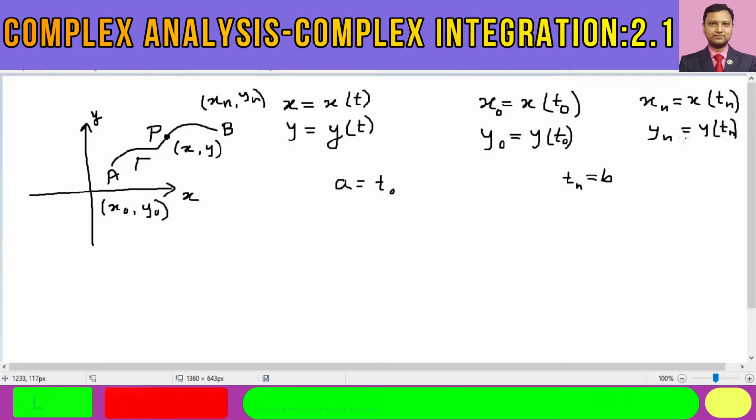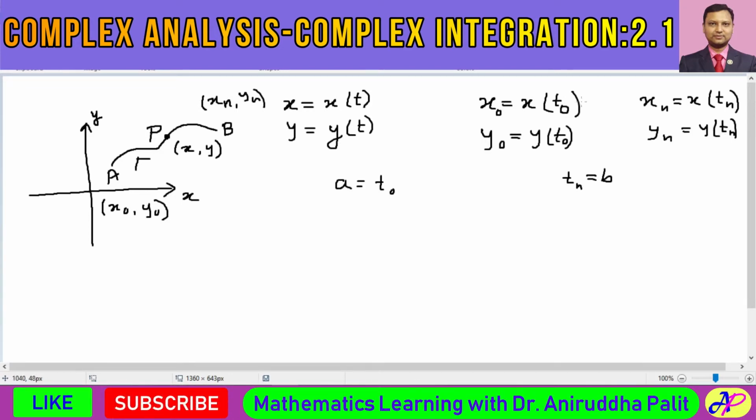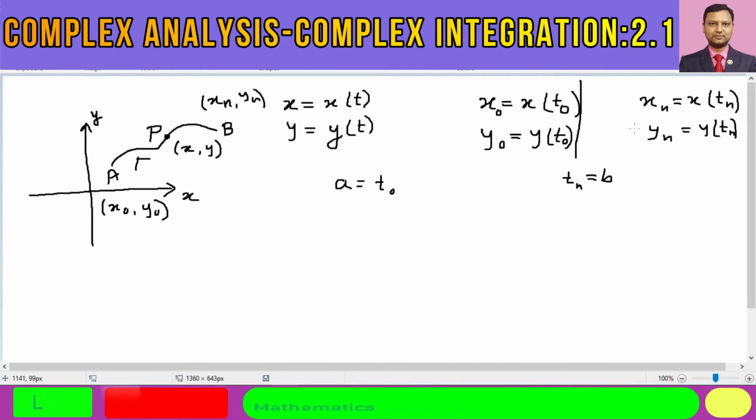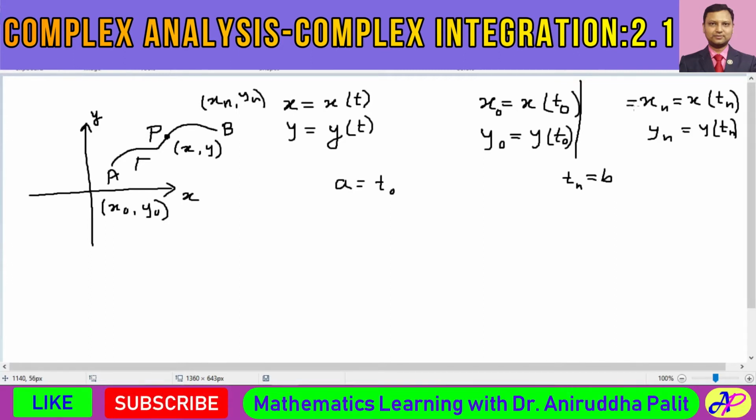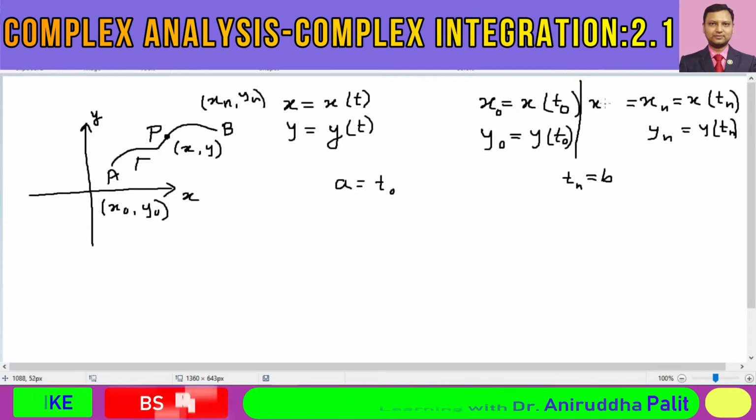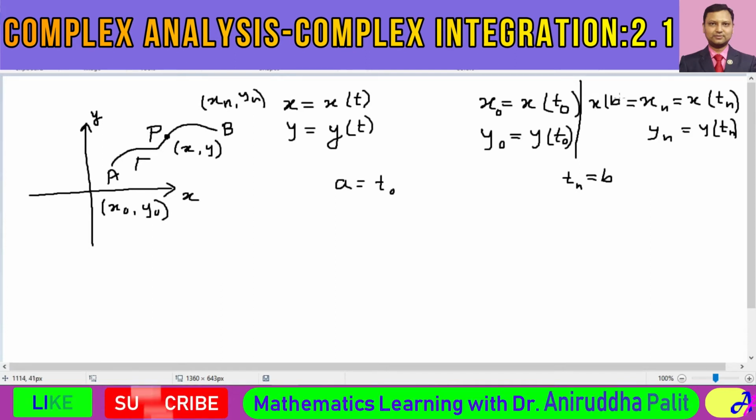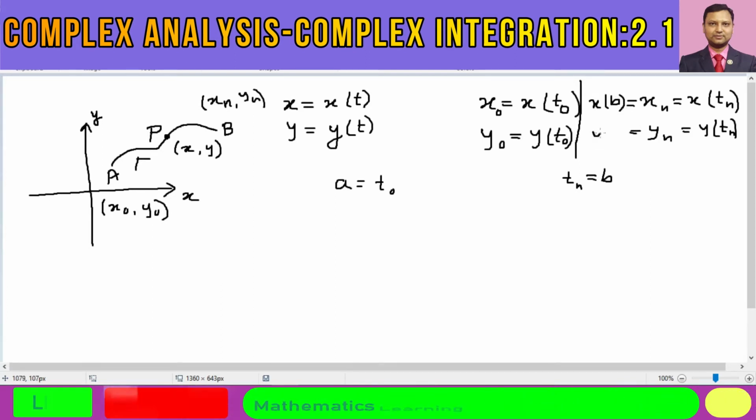As we have considered tn equal to b, you can also write this as x of b and y of b.